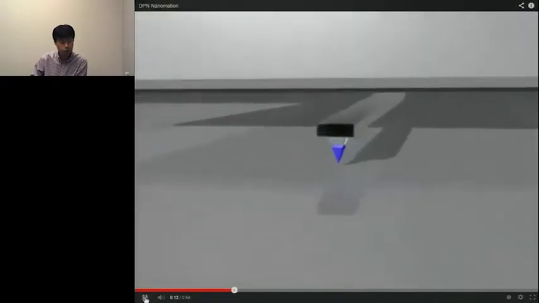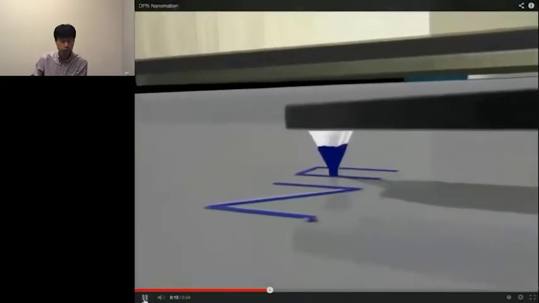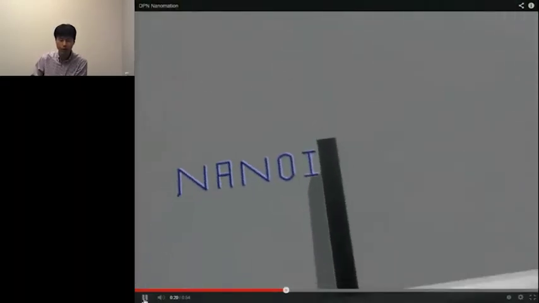If we take a closer look, the tip end is wet by the ink material. As we make the distance between the tip and the substrate closer, this ink material starts to wet the surface. And then we can draw the pattern as we want.